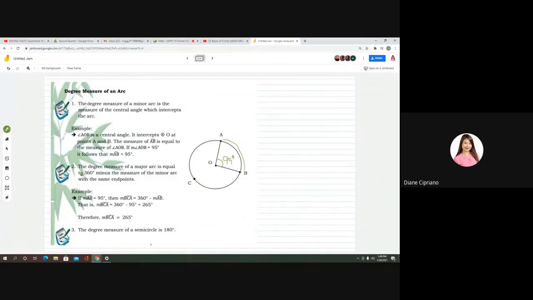On our example number 2, the degree measure of your major arc is equal to 360 minus the measure of your minor arc, which has the same endpoints. For our example, we have here 360 degrees as the total sum of our degree circle.